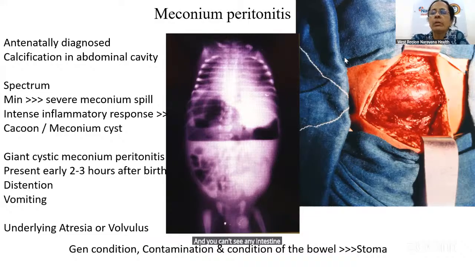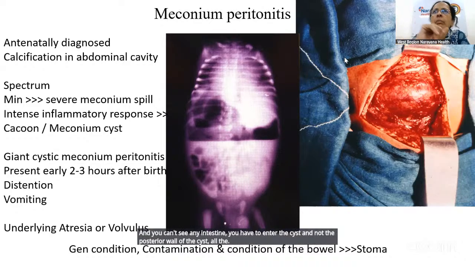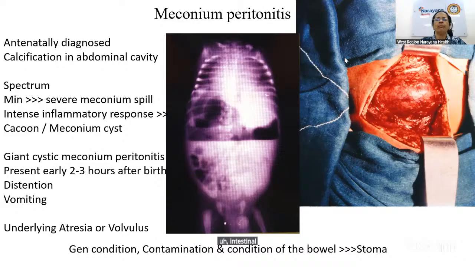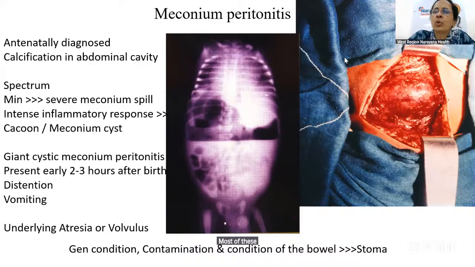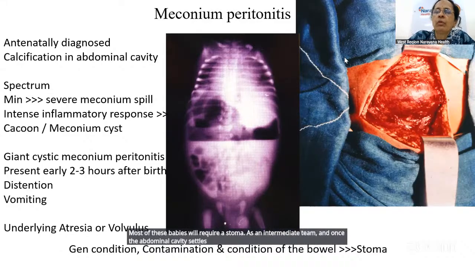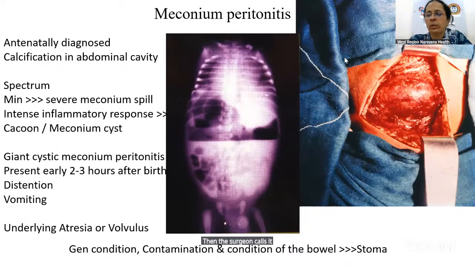You have to enter the cyst, and on the posterior wall of the cyst, all the intestinal loops will be found. Depending upon the general condition of the baby, how much the contamination is, and the condition of the bowel, most of these babies will require a stoma as an intermediate step. Once the abdominal cavity settles down in a few weeks' time, the surgeon goes in again to close the stoma.